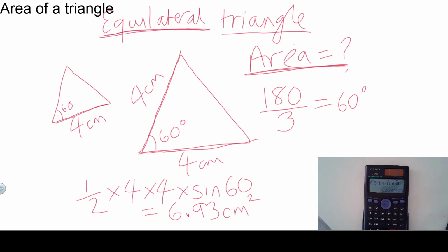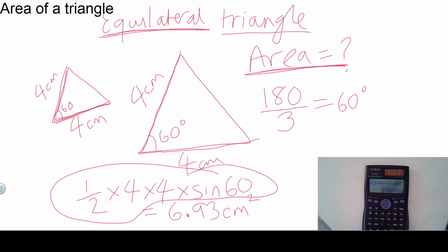So if this side is 4 centimeters, this side is also going to be 4 centimeters. All 3 sides are 4 centimeters. I only need 2 sides and an angle in between to be able to use a formula to work out the area of this triangle.